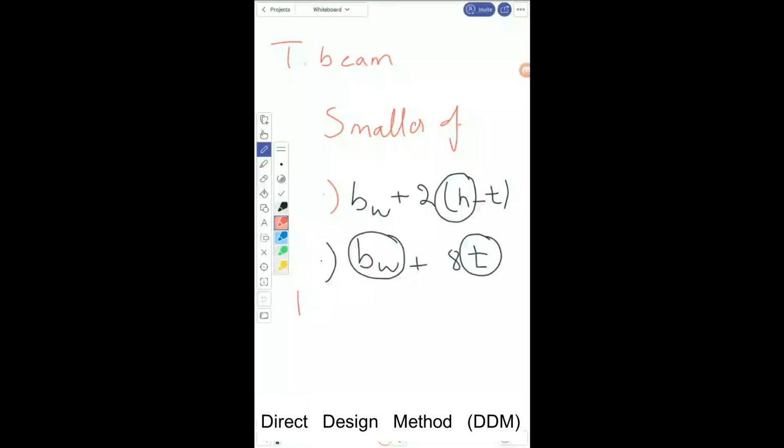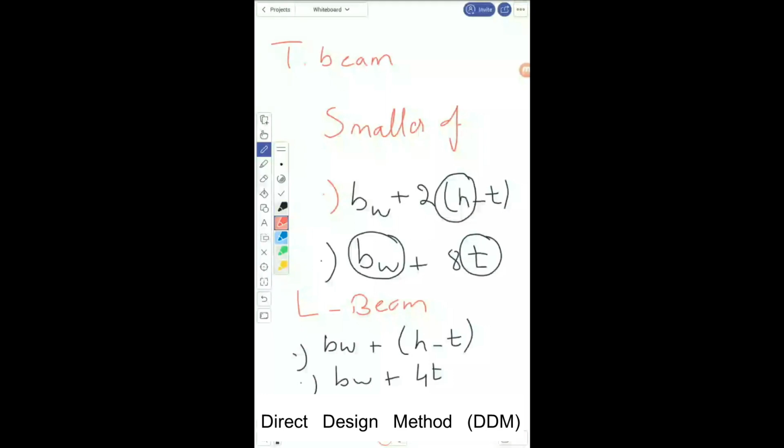However, if you have an L-beam, then B effective will be the smaller of two things: BW plus (H minus T), or BW plus 14.